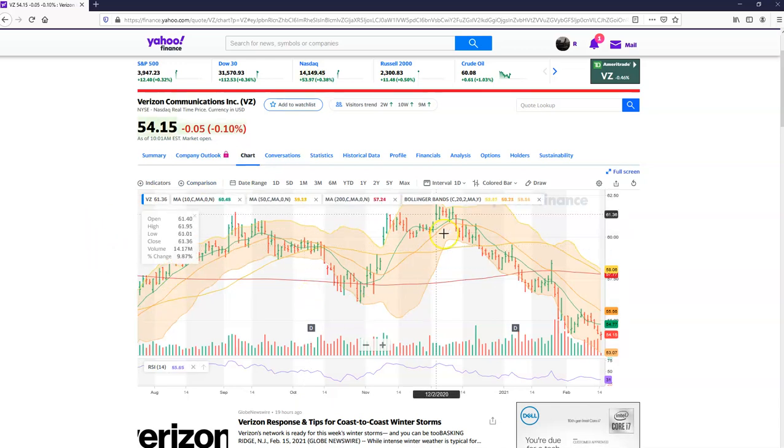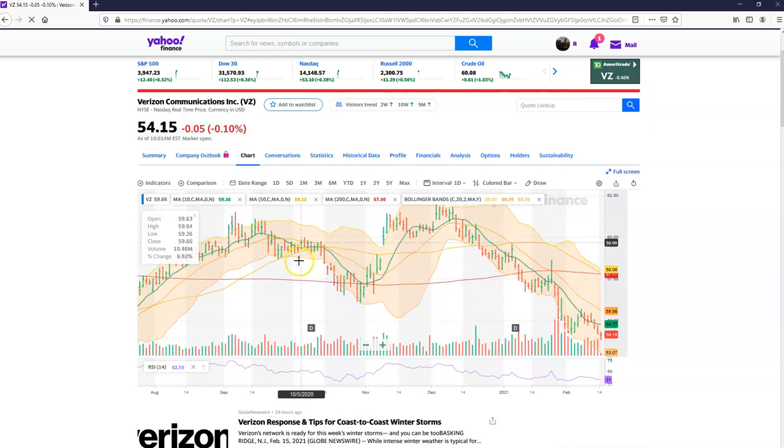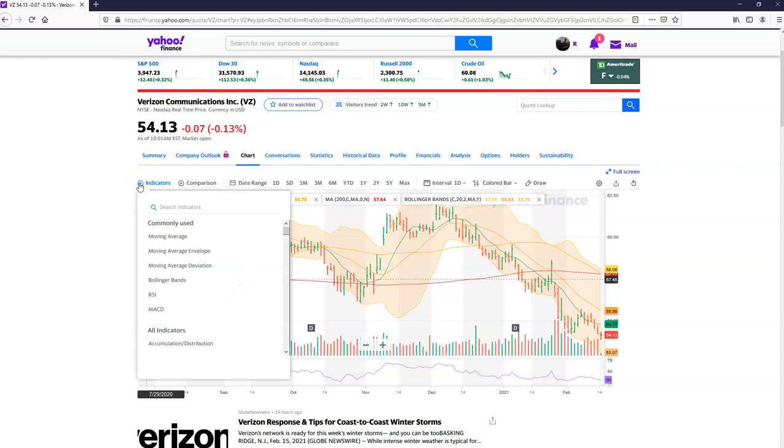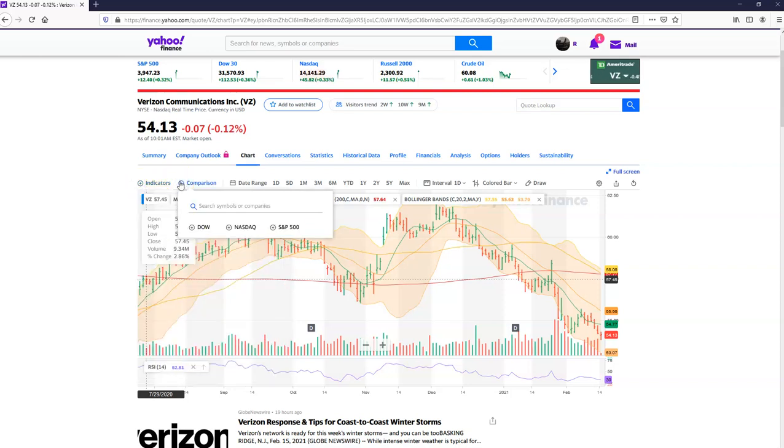I have this predetermined amount of data already, all these chart studies that I have already predetermined here. If you want to add indicators to a particular stock, you could do it here, or you could do comparisons to the market here. Okay, but anyway, let's take a look at the chart and what all these numbers mean.